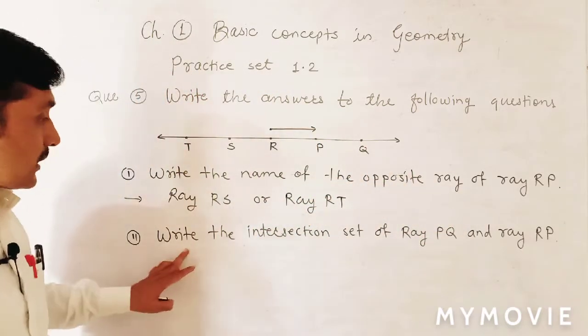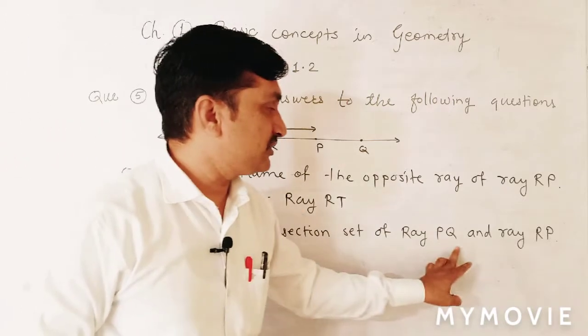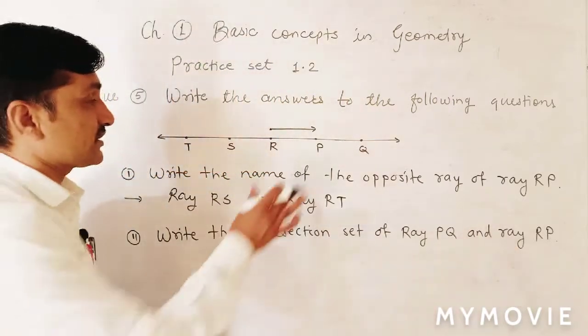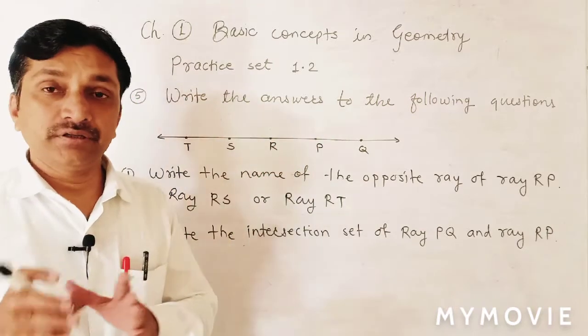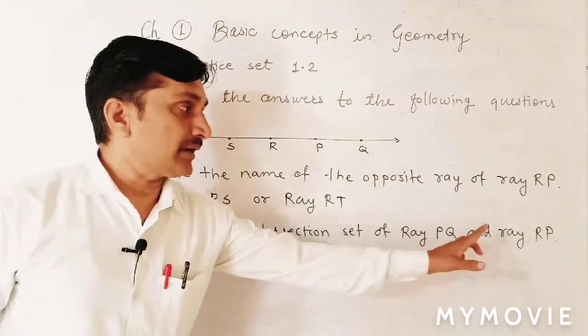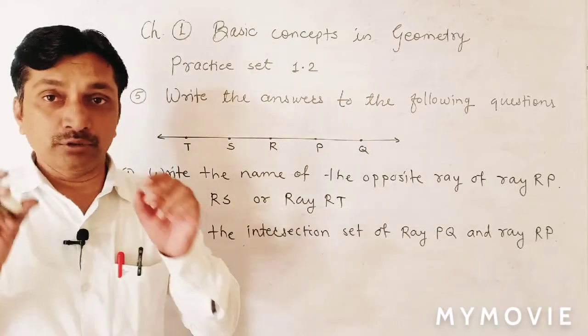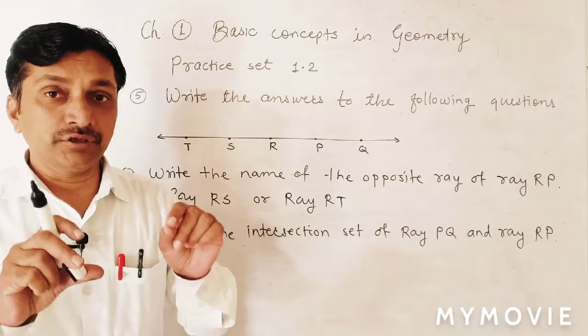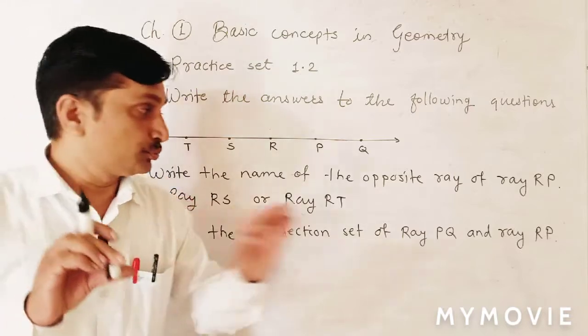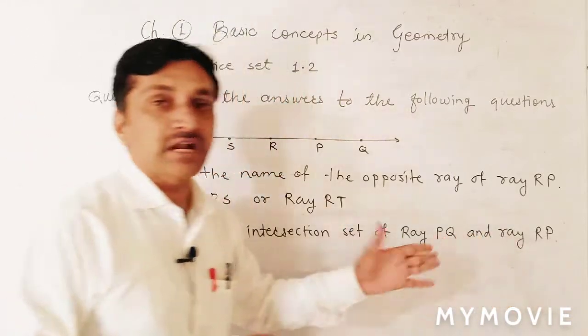Second question, write the intersection set of ray PQ and ray RP. Now intersection means common. We want the intersection of PQ and RP. Then which segment or which ray is common to both PQ and RP, that will be the intersection.